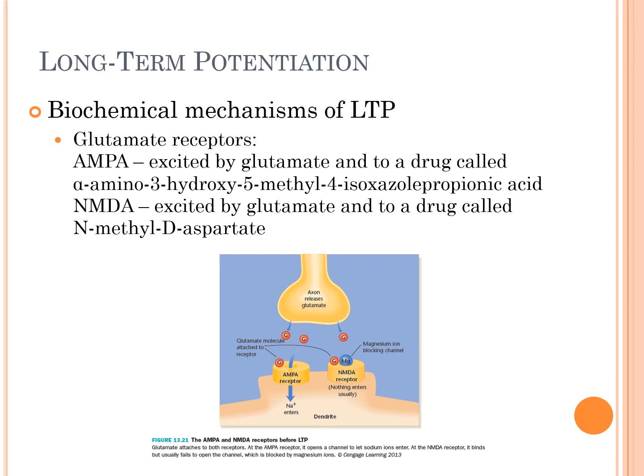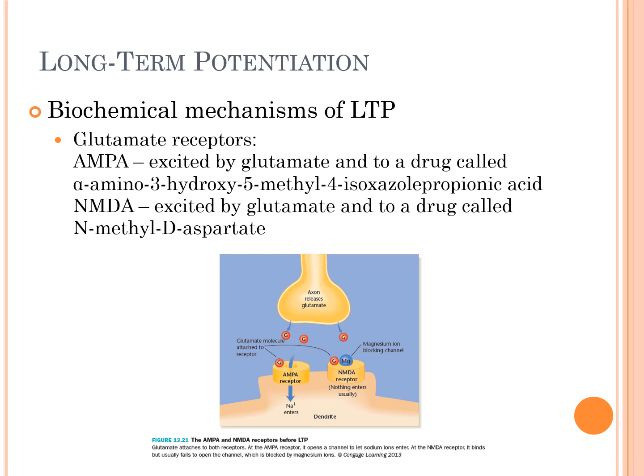If you remember, sodium is a positively charged ion, and so that enters the cell through this ligand-gated channel, which depolarizes the cell and raises its activation, its electrical potential.